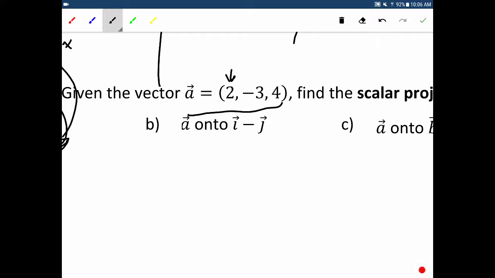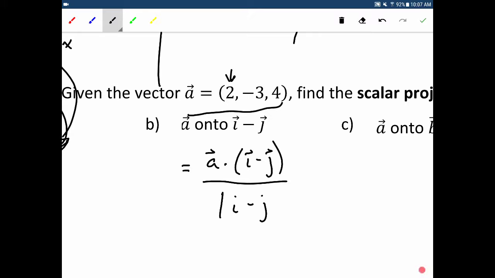So if I project it onto i minus j, we're going to have A dot (i minus j) over the magnitude of i minus j. This is just using our formula here.